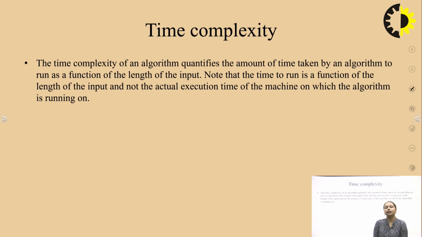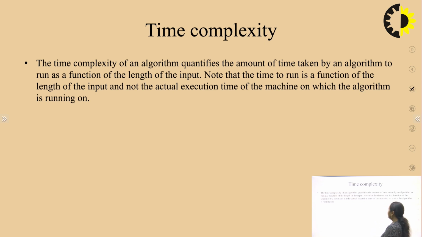Next is the time complexity. What is time complexity? The time complexity of an algorithm quantifies the amount of time taken by an algorithm to run as a function of the length of the input.